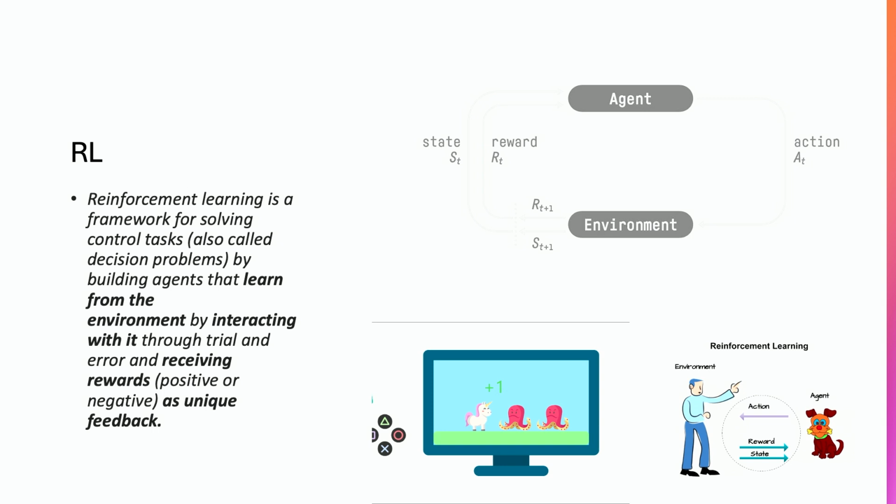For example, it was first created with some testing with a dog. Let's say if the dog did the necessary, required actions, it was rewarded, given a bone.